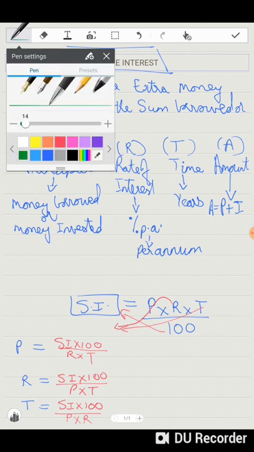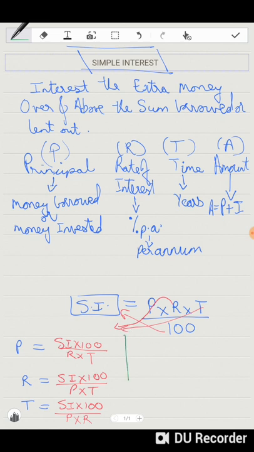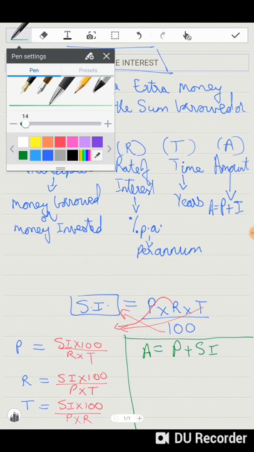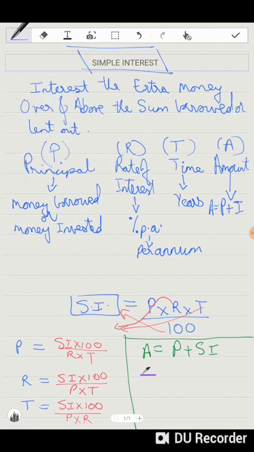Similarly, amount is principal plus my simple interest. Therefore, I can find out my simple interest by subtracting the principal from the amount, that is A minus P. As well as I can say my principal is amount minus my simple interest.